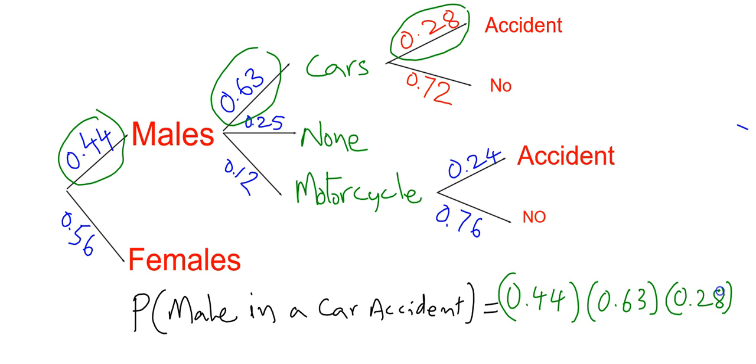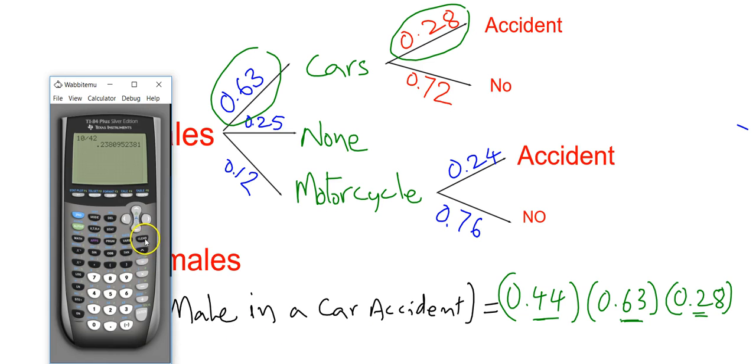So this gives me the probability of a male here in owning a car and involving in an accident. So let us multiply these three numbers. All right, 0.44 times 0.63 times 0.28.